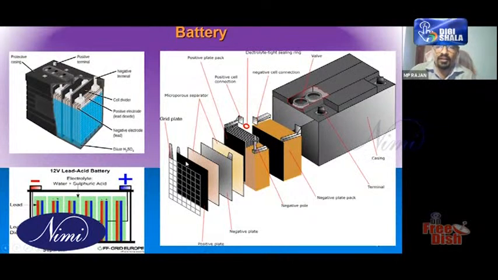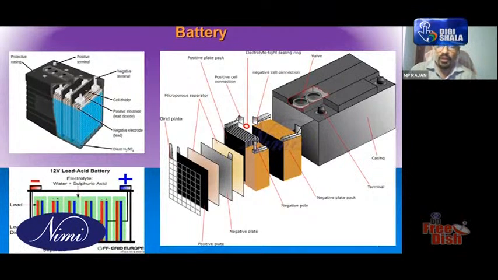It is in the chocolate brown color, and the negative plate is in the cement color or ash color. This is the way you can identify them by color. Chocolate brown lead peroxide is PbO2, and this is the smooth spongy lead, pure lead, Pb.